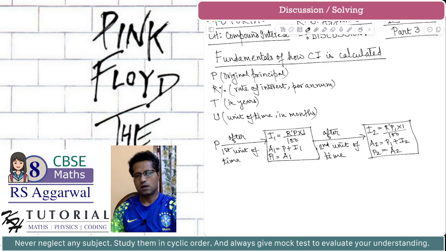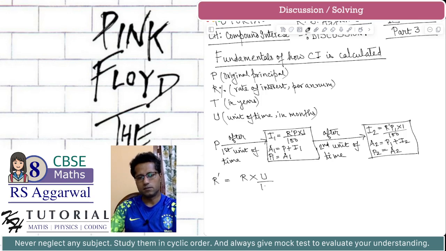Now, what is R dash? How is R dash calculated? R dash will depend on U and R. The formula for R dash is R dash equals R multiplied by U by 12.